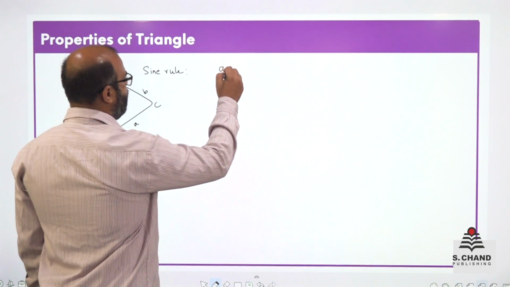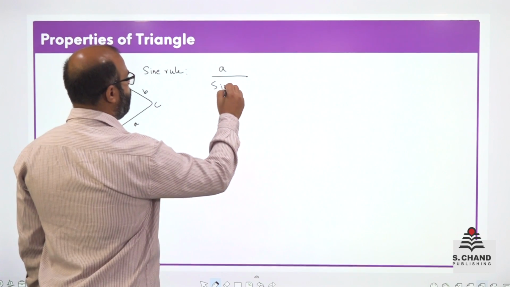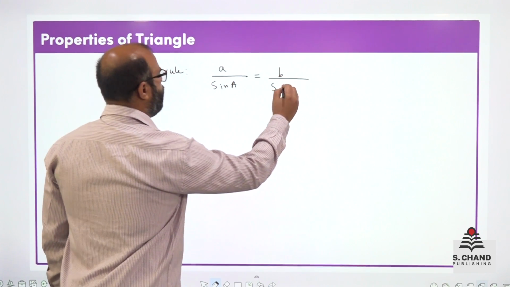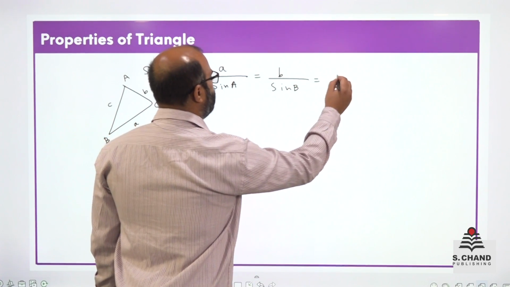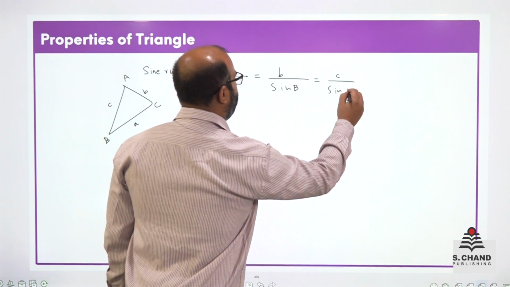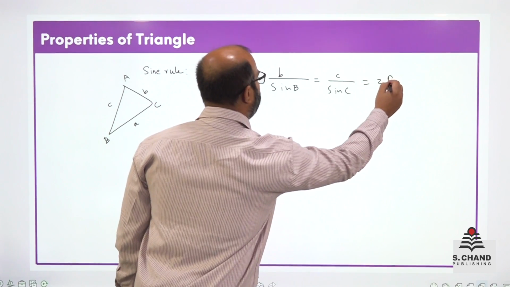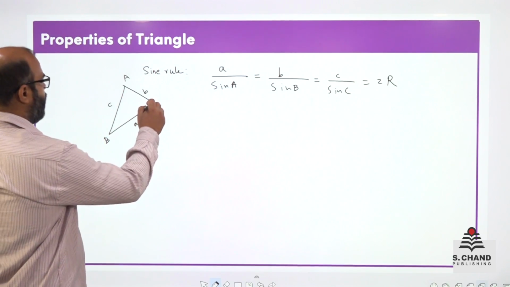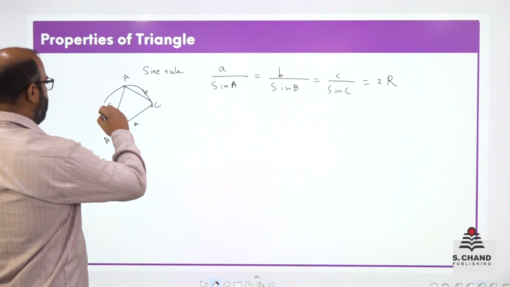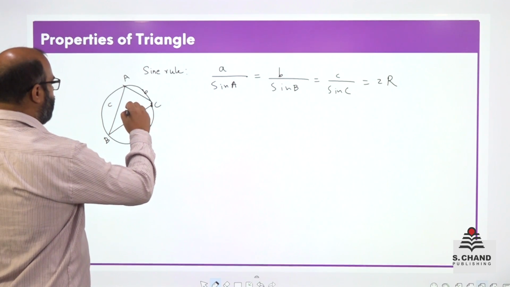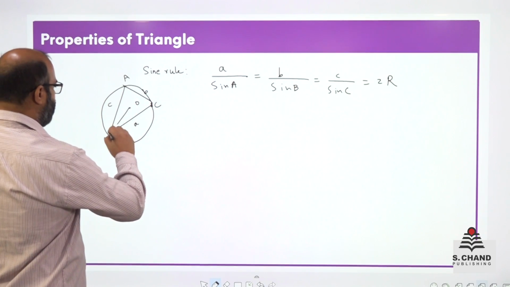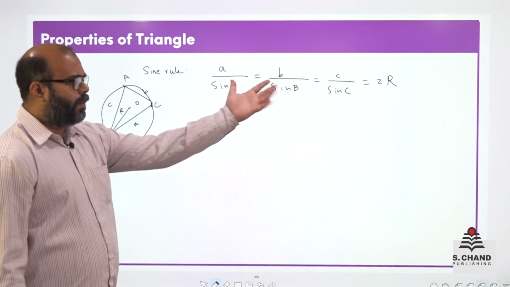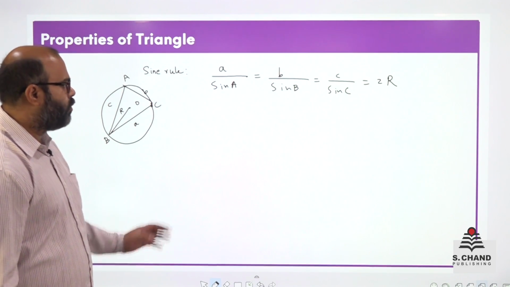So we write it as a by sine A is equal to b by sine B is equal to c by sine C, and further it is equal to 2 capital R. Capital R is the circumradius, that is the radius of the circumcircle. If we draw a circumcircle, then its radius is the circumradius. Then this is called capital R. This is the sine rule.